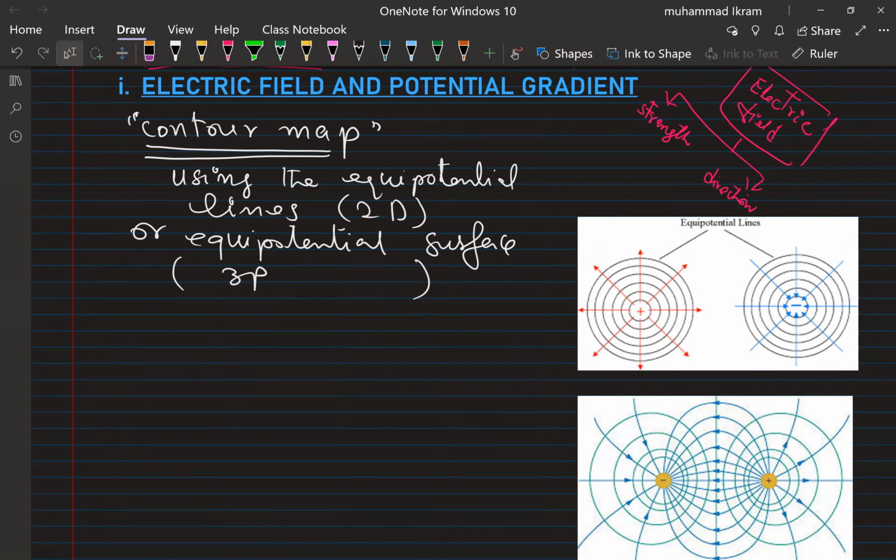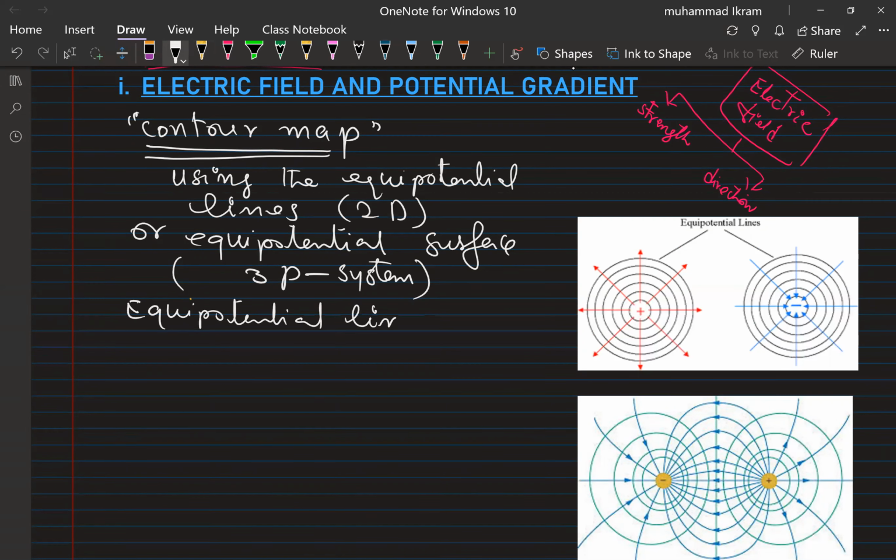So what are actually the equipotential lines?